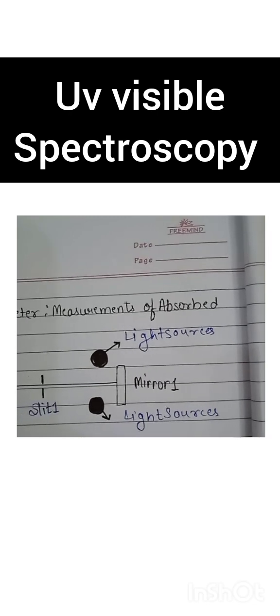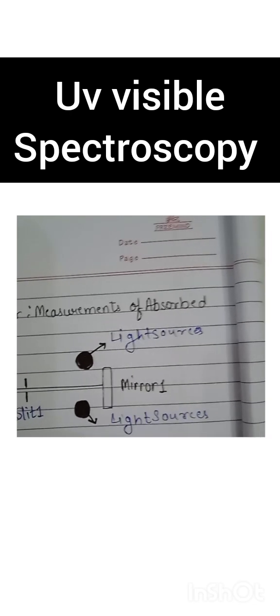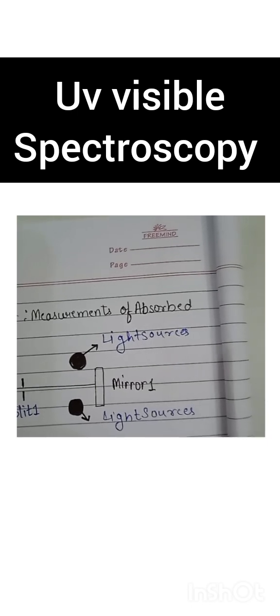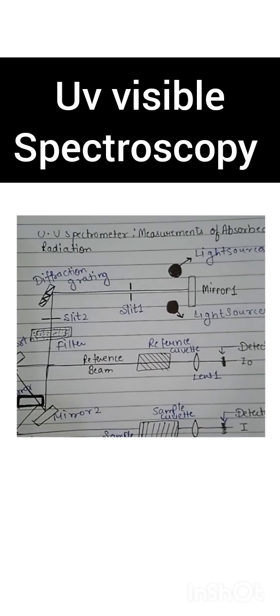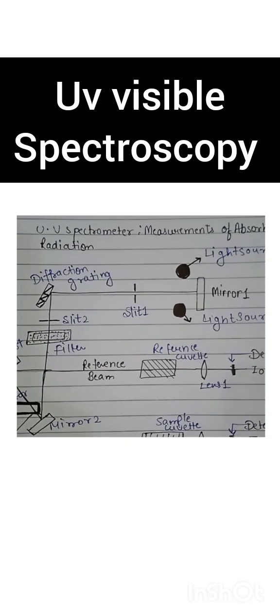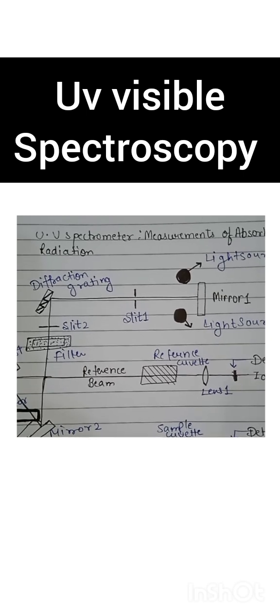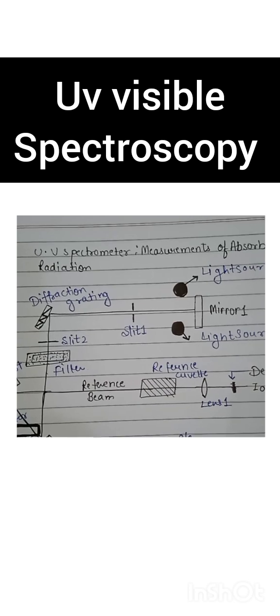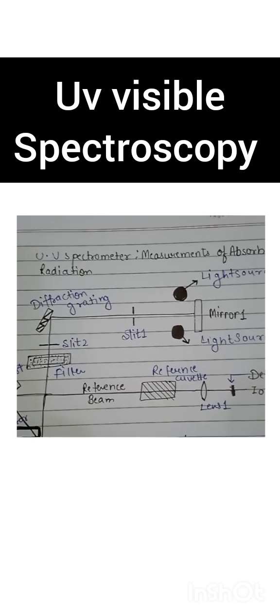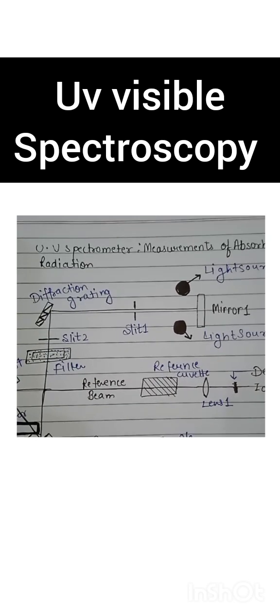Now we will discuss about the reference cuvette. This is our reference cuvette and this is our reference beam. UV cuvettes are usually made of quartz or silica to maximize the transmission, as polycarbonate and polyester absorb in the UV.